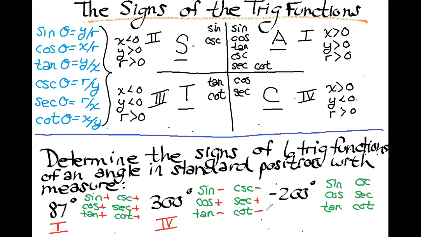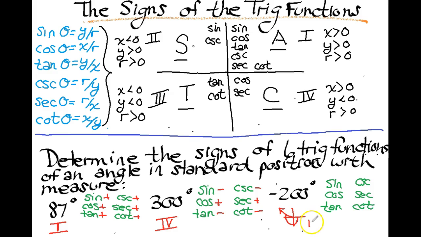Now we have a negative angle, so instead of going counterclockwise from 0 degrees, we're going to go clockwise. Negative 200, if we take a look at our coordinate axes, let's draw it over here really quick. Starting at 0, going clockwise, this is negative 180, so we are going to be somewhere up here in quadrant 2 when we draw that in.